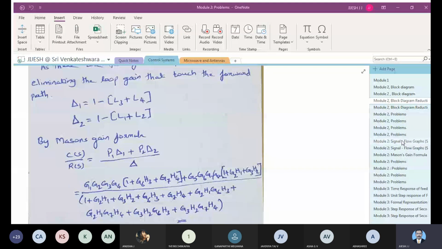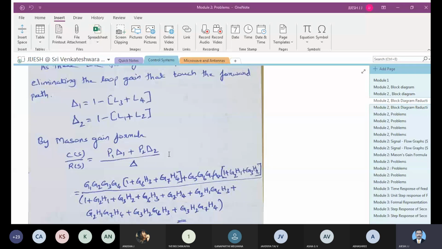You should not get confused between blocks in parallel and blocks in feedback. Parallel means you start from the input and end at the output. Here also you can see that it starts from the input and comes towards the output. That is very important for you to understand.